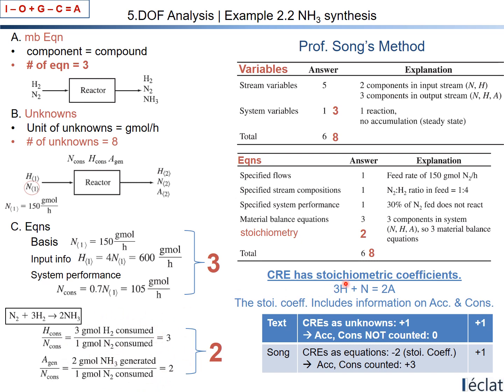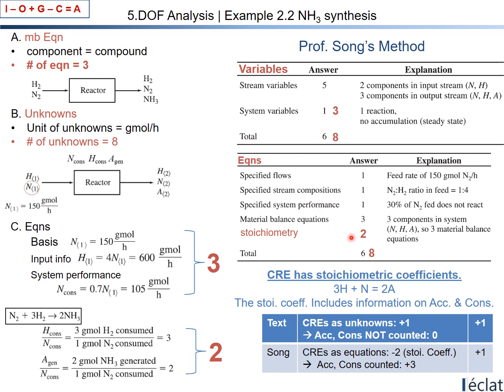Again, in the textbook method, the chemical reaction equation is considered as the system variables. However, in my method, I don't take the reaction as the system variables. However, I have used the chemical reaction equation for the restrict or number of equations.